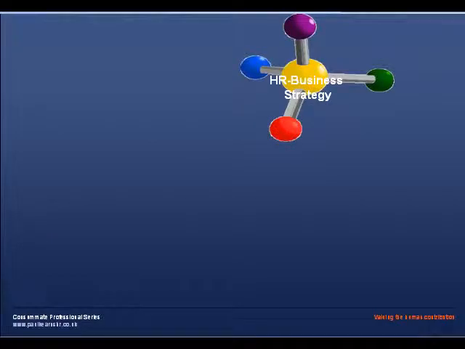This diagram is meant to look at organisations like we might look at an atom, and we're going to split the atom and see what component parts there are to the organisation. This should be a complete system. Everything should fit perfectly together. So let's have a look at this HR business strategy and see some of the component parts.